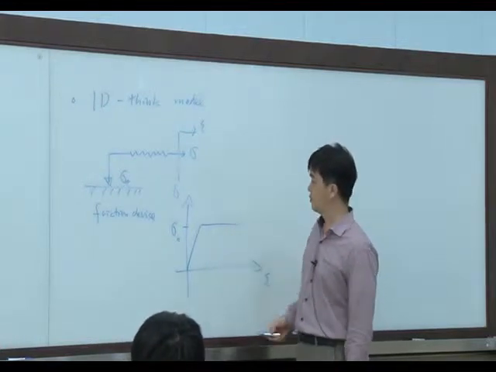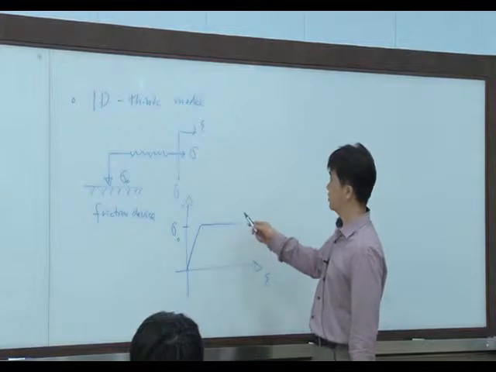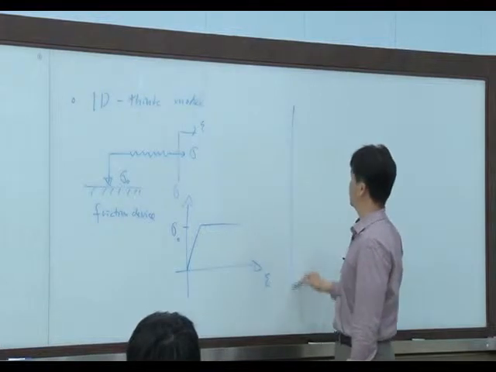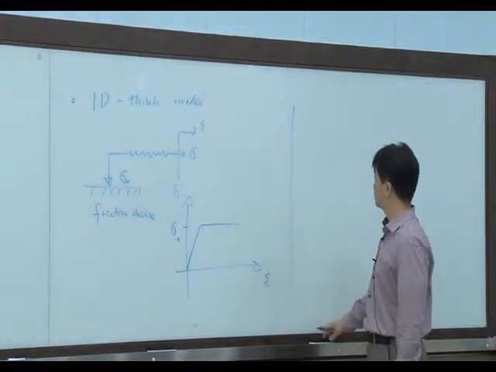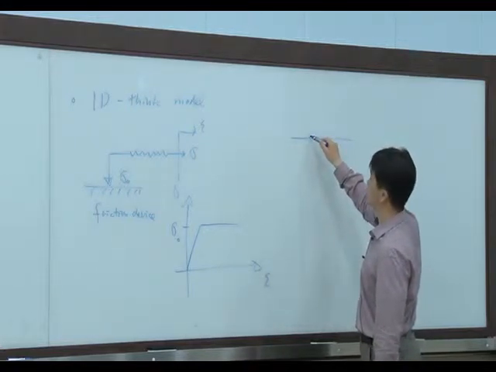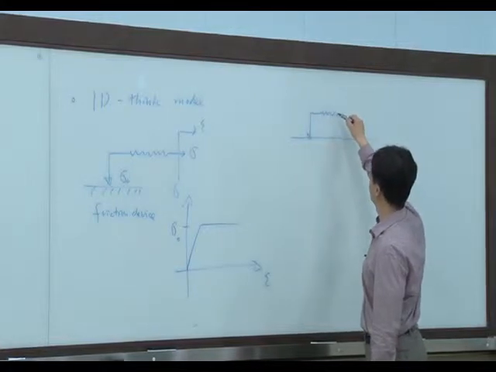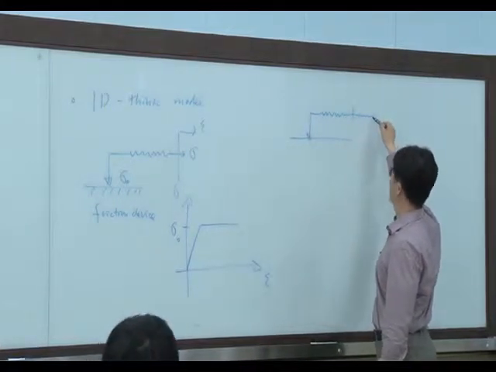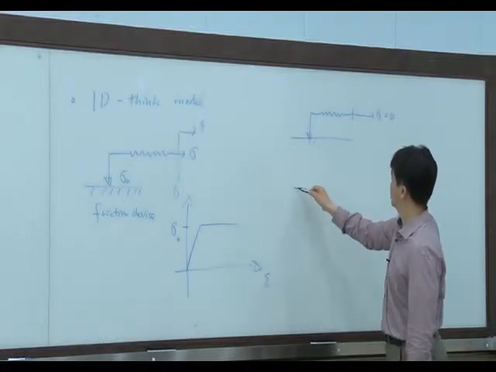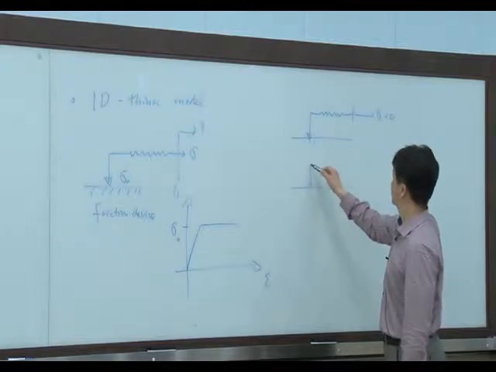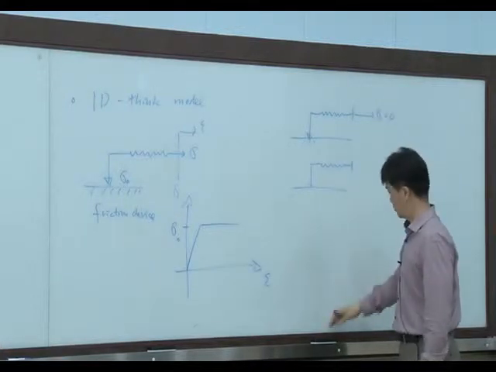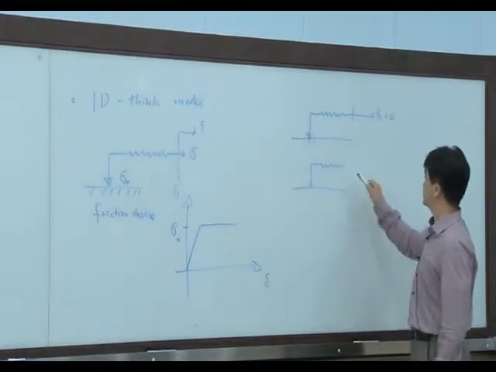So, for example, I'm going to, okay, this would be better. So, this is the initial stage. I'm going to apply sigma equal 0. And then, if I increase the loading, the spring will be stretched a little bit.